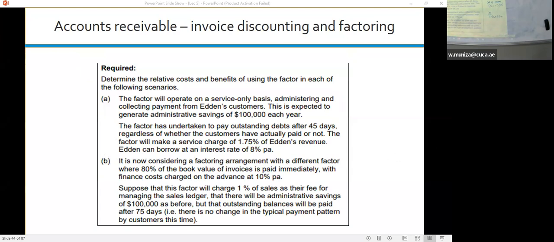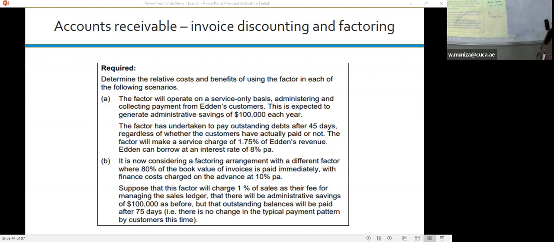Now they are telling us in the second case, it is now considering a factoring arrangement with a different factor where 80% of the book value of invoices is paid immediately, with finance cost charged on the advance of 10%. So when 80% of the book value is going to be paid immediately, it means the cost of finance is now going to be saved, reduced.